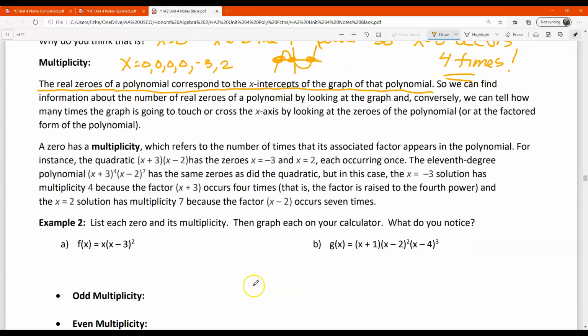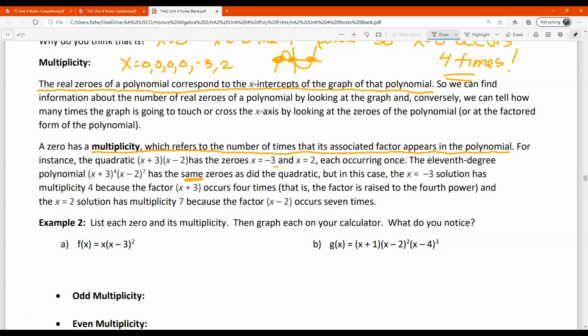So a zero has a multiplicity, which refers to the number of times that its associated factor appears in the polynomial. For instance, the quadratic (x + 3)(x - 2) has the zeros x = -3 and x = 2, each occurring 1 time. The 11th degree polynomial (x + 3)^4 (x - 2)^7 has the same zeros.